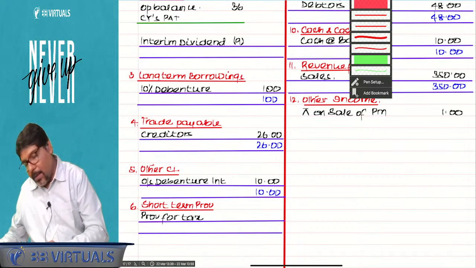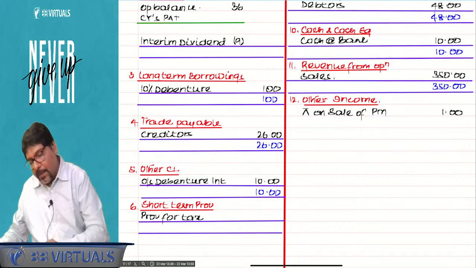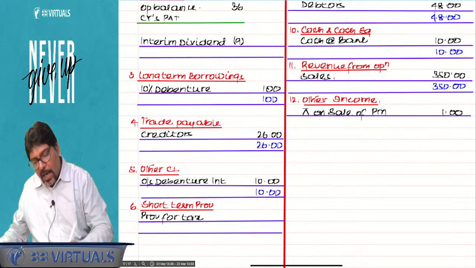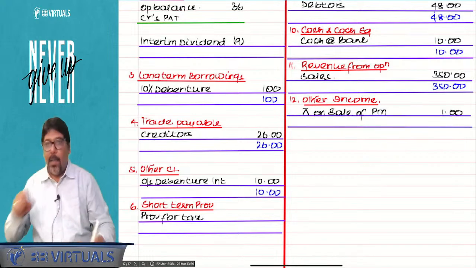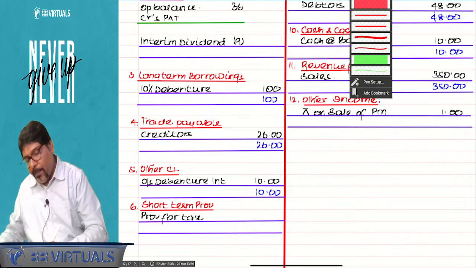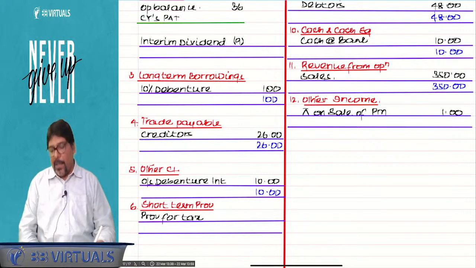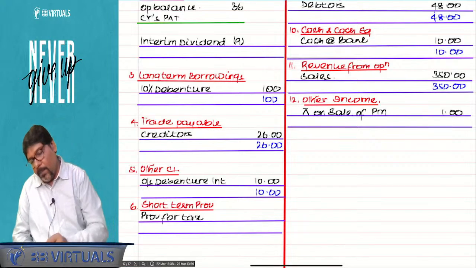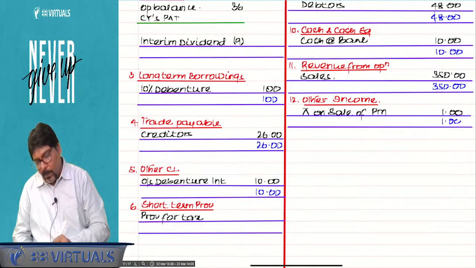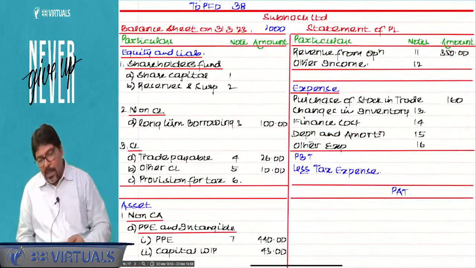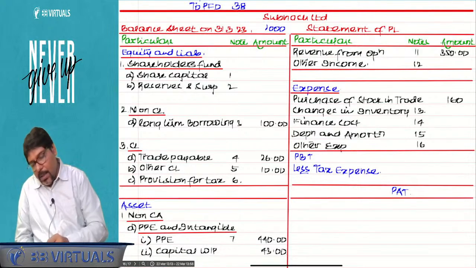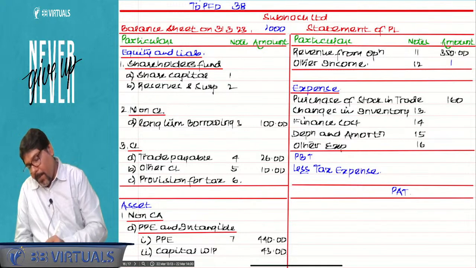Only 1 rupee. Understood? Yes, sir. Now, profit on sale will be transferred here. So 351.